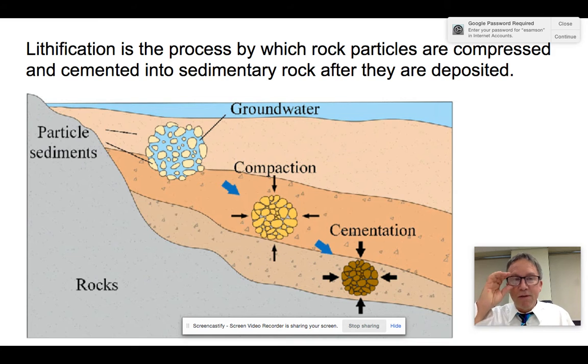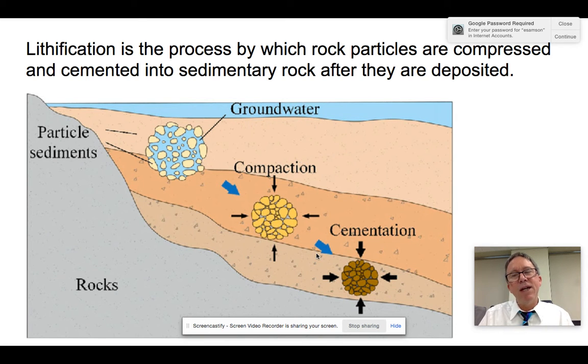Now, the last step is called lithification. Lith means rock, so it's basically, how do these sediments turn into rocks? Well, what happens is this. They start off with water between the particles, because they usually get deposited in a water environment. Then, as more stuff gets packed on top of them, they get squeezed down. So compaction occurs, which drives the water out from the interstitial area.